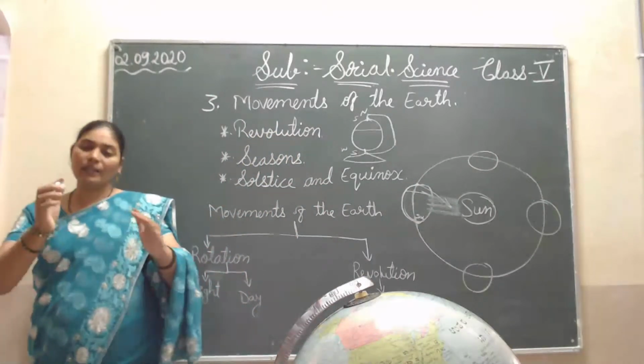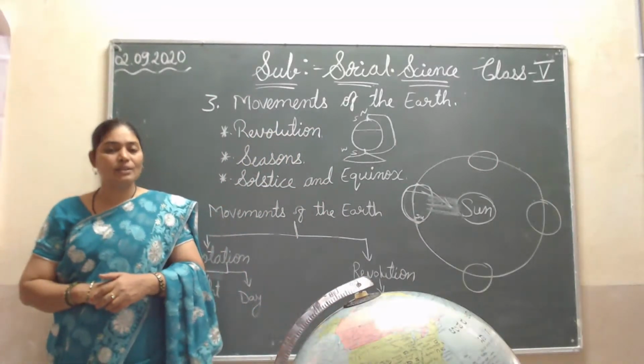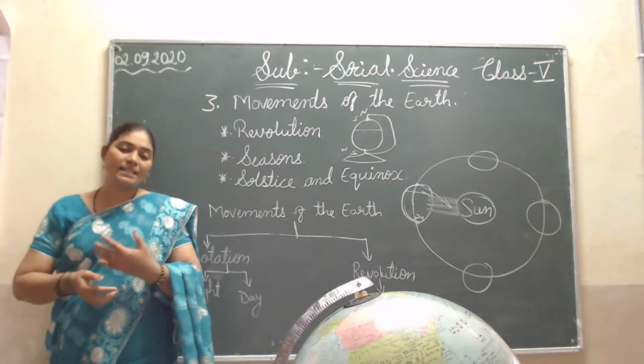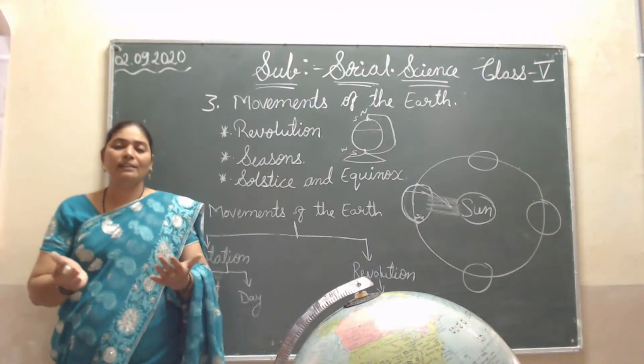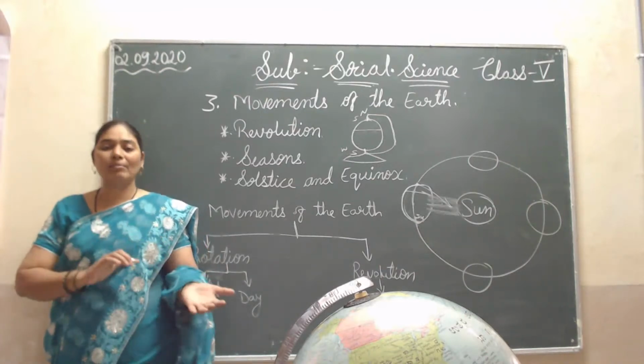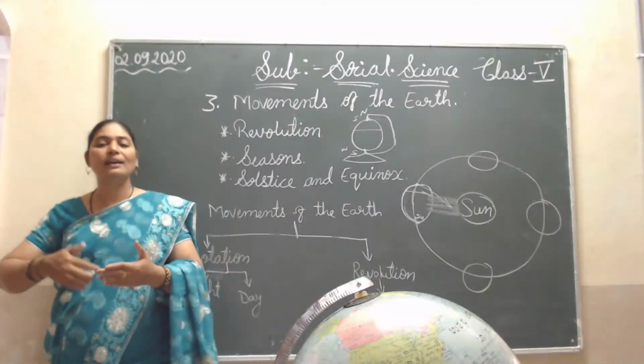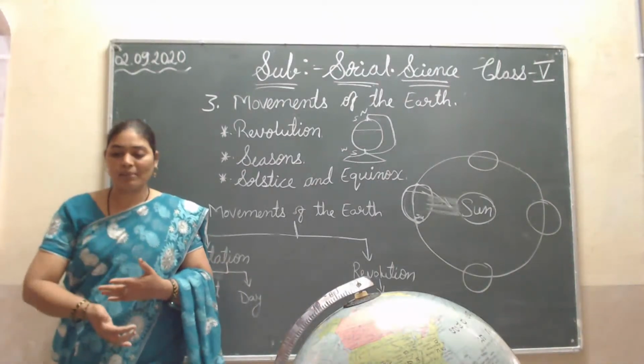Because slowly the Earth turns when it is rotating, it receives sun rays one by one. According to that rotation, summer changes to winter season and winter season changes to summer season.